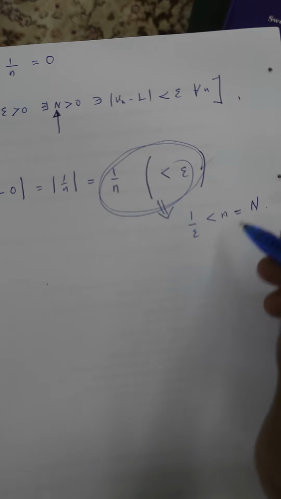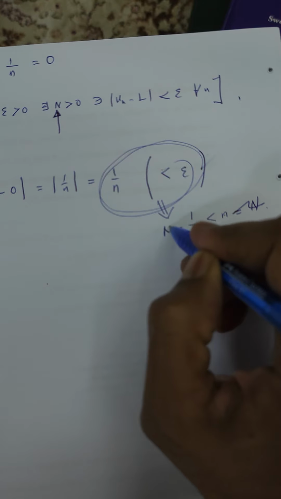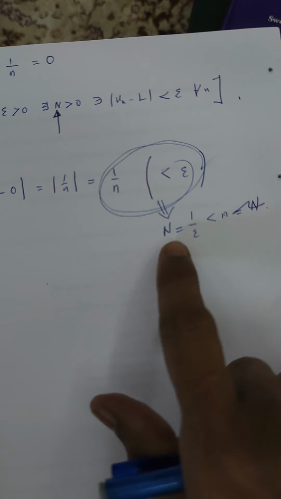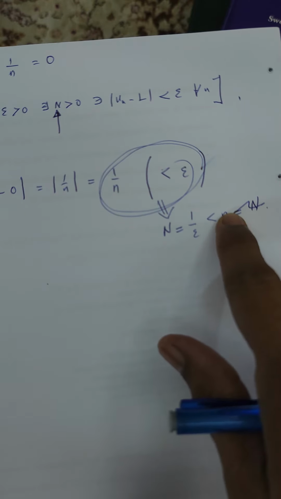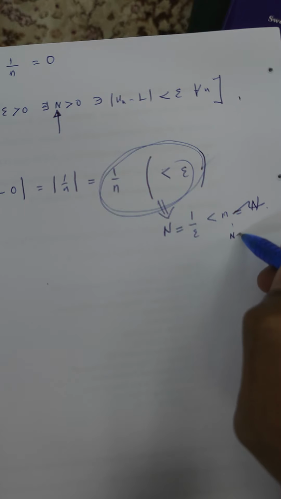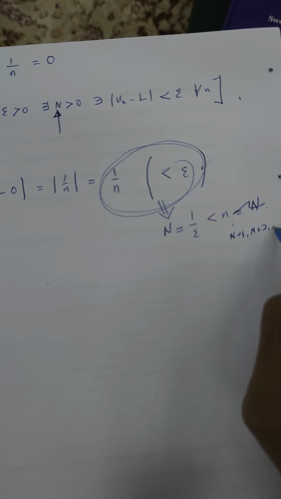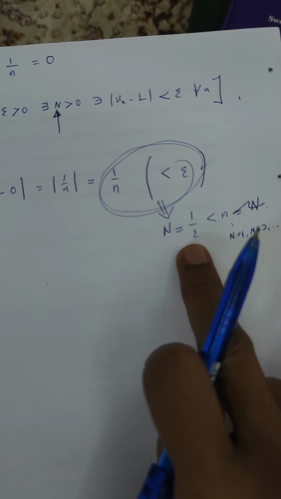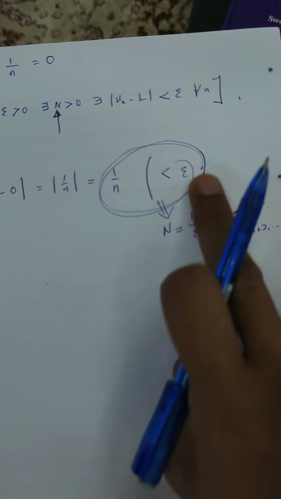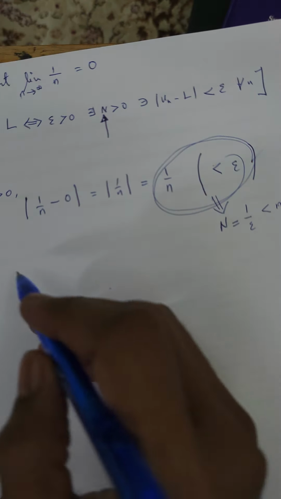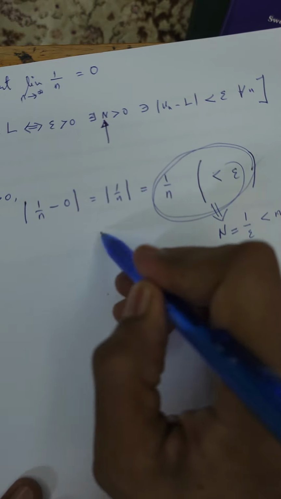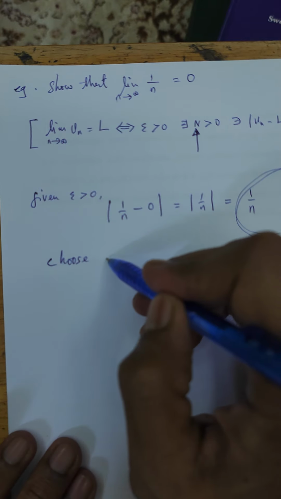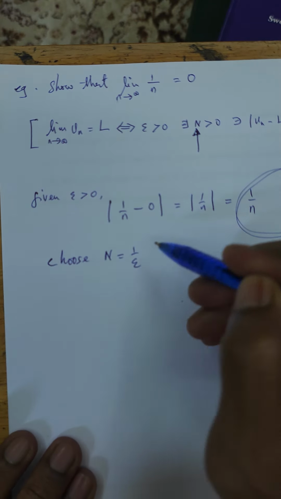You can choose this as your n, capital N. So you can see that if you choose anything greater than this, capital N plus 1, N plus 2, and so on, we always satisfy those conditions. So therefore, from there we choose N equal to 1 over epsilon.